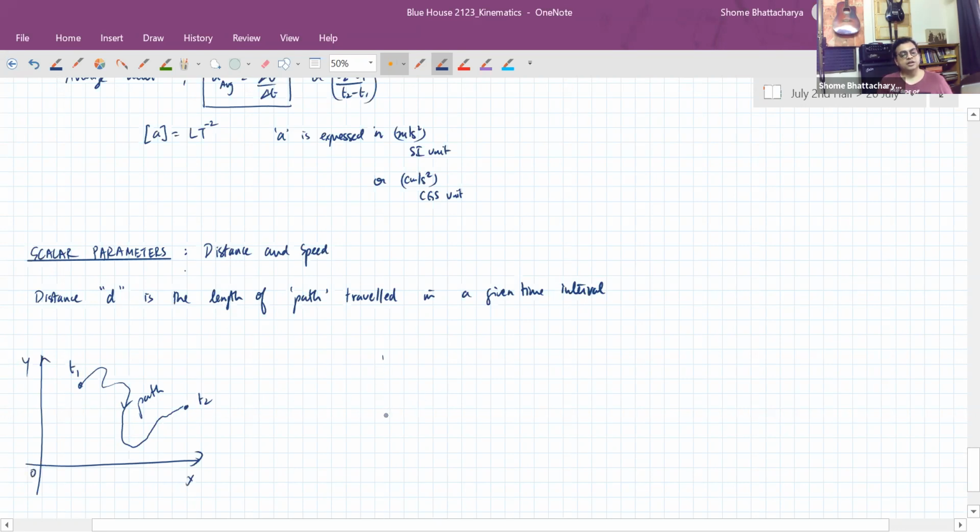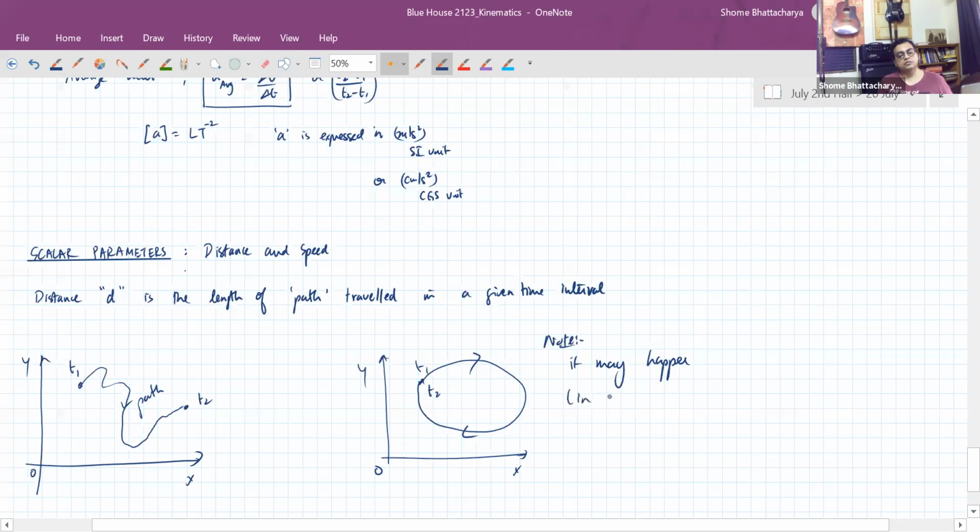So it can, for example, happen in such a way that a particle comes back to where it started from. So in a round trip, it may happen if the path is what we call a closed loop path.